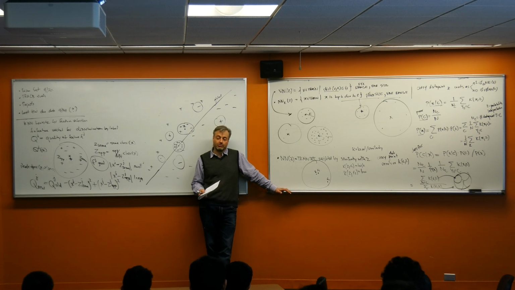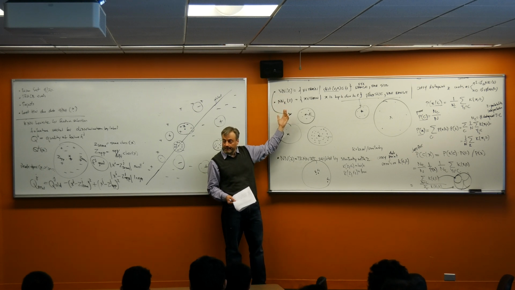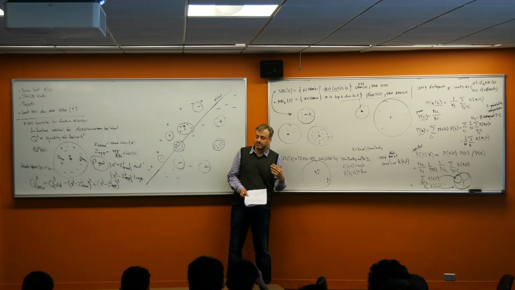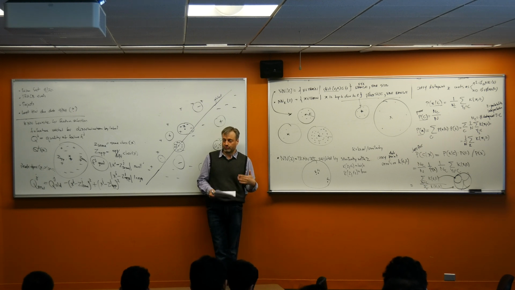But I have to do trial and error. Both those things depend on some parameter, number of neighbors, k, or the range value, v or theta. And this parameter is hard to set up in advance. It's like the regularization parameter. You gotta do trial and error until you figure out the one you want.